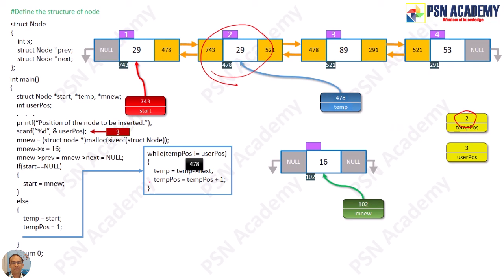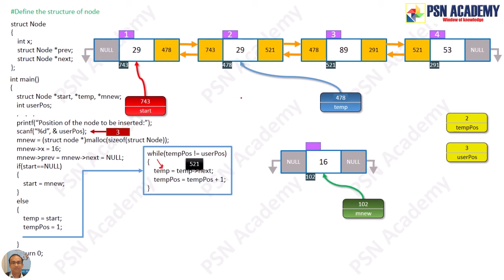Then we move back and check whether the temp pose is equal to user pose or not. And what we see? The temp pose is 2 and user pose is 3. That means it's not matching. Then we get inside and execute this statement: temp equal to temp next. Now temp is standing at 478 and the temp next is 521, right?